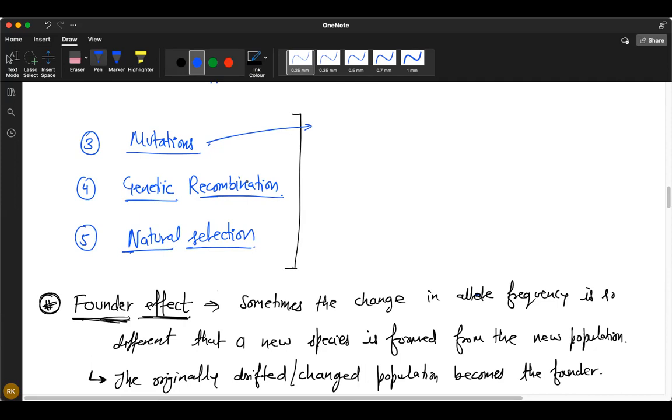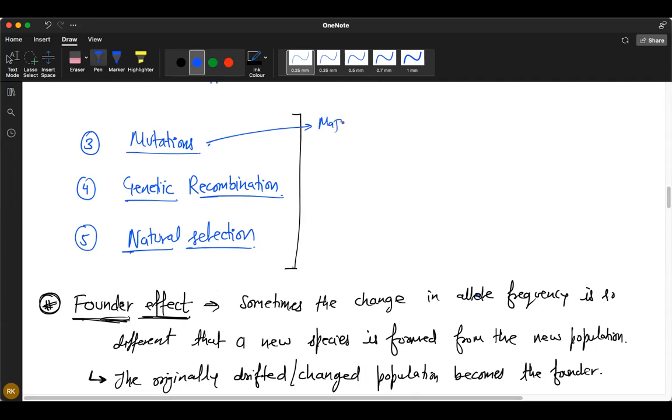Anyone would like to? So mutations are, as you correctly said, random. And it's also true that they help in evolution. But what happens is mutations are of all sorts. Most of the mutations, as I have already told you, are deleterious.